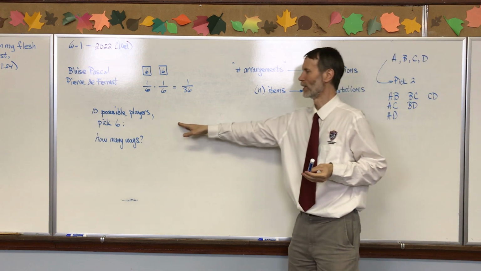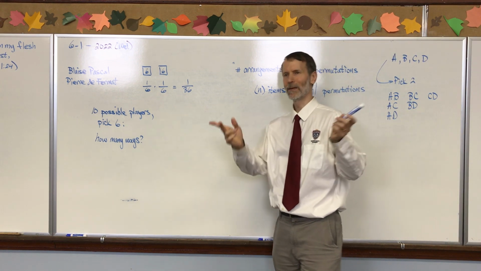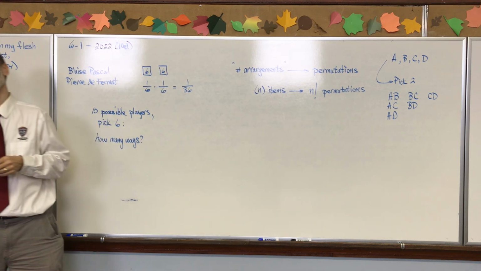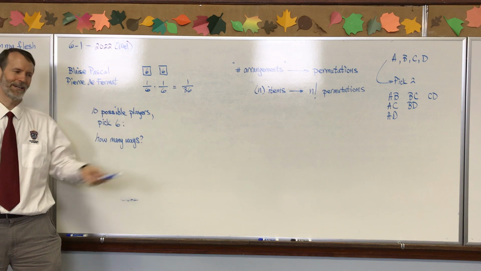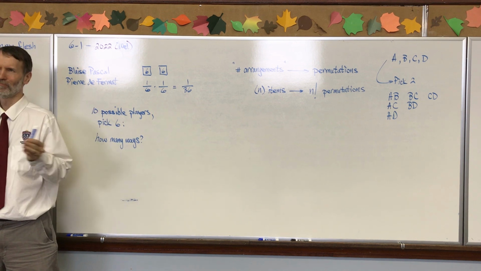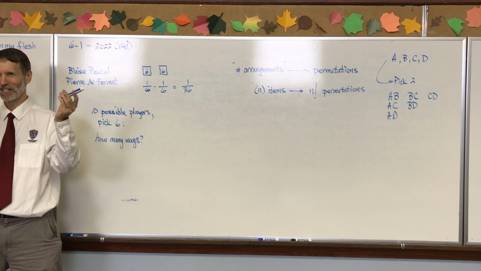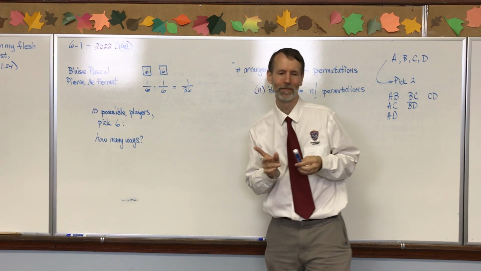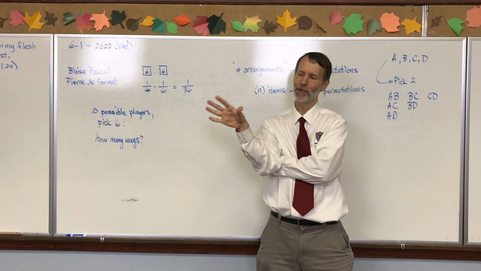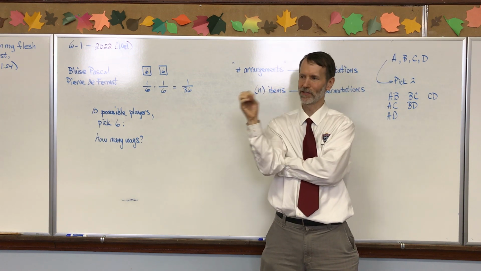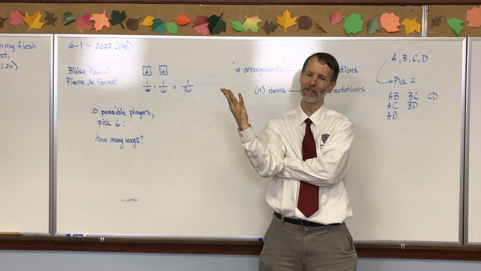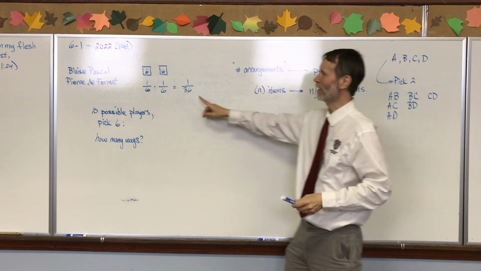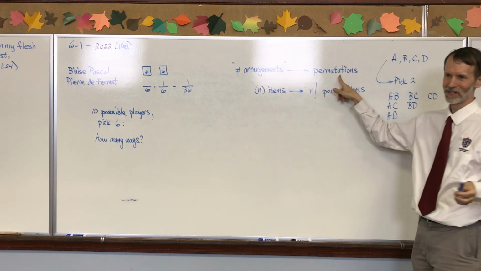Let me give an example. Let's say there are 10 people, and 4 people are being chosen to go to Washington, D.C. Does it matter what order they're in? No. Now pretend out of the 10 people, 4 people are being chosen for prizes: first prize, second prize, third prize, fourth prize. Does it matter what order now? Yes, it does. If the order matters, permutations.